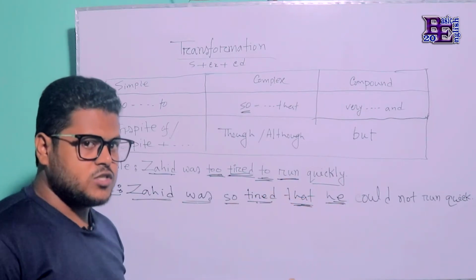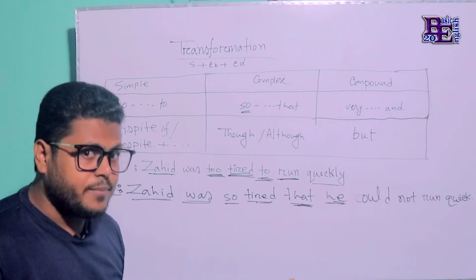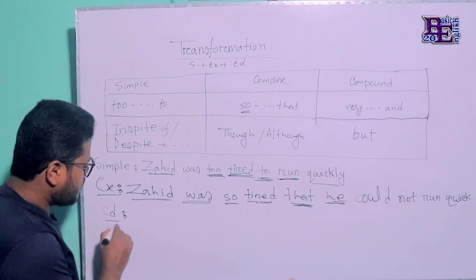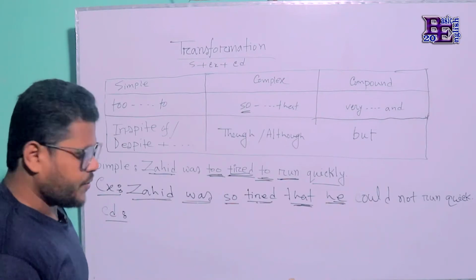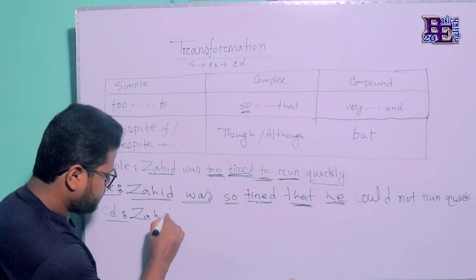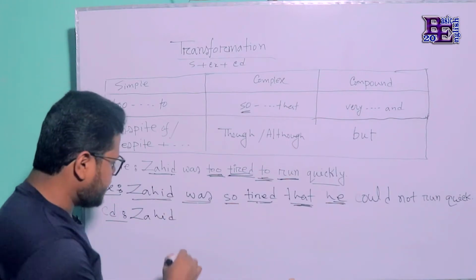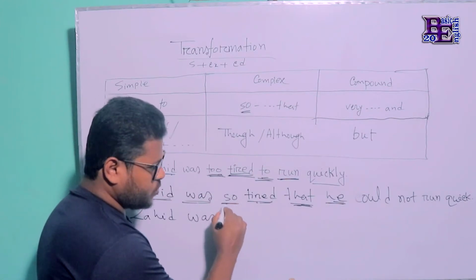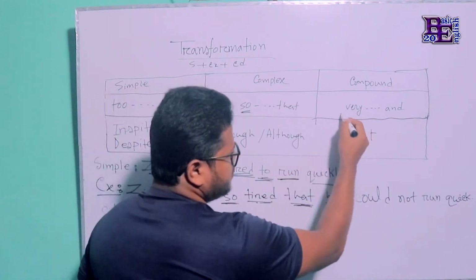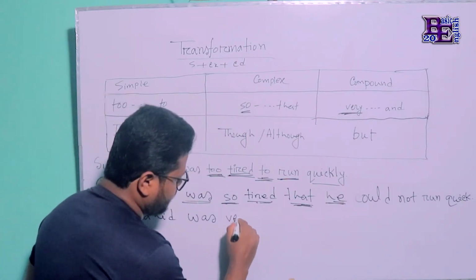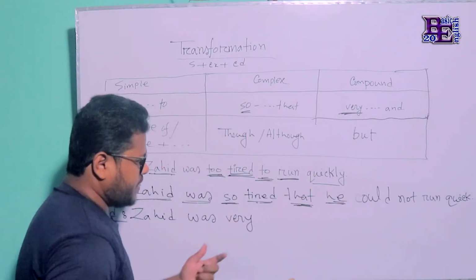Let's see what will happen in case of a compound sentence. Here CD. We have to change here. Zahid will remain unchanged, and the verb was. At the place of so, we have to use, in compound, very.